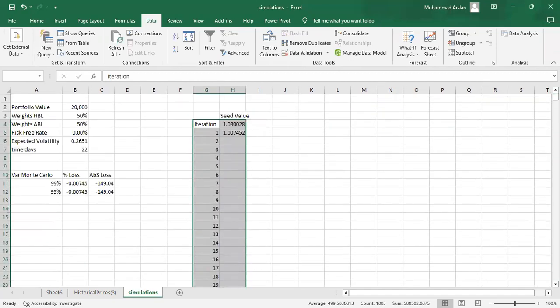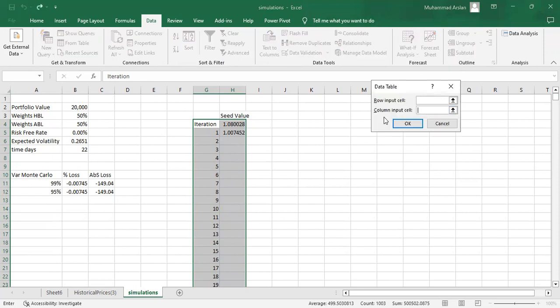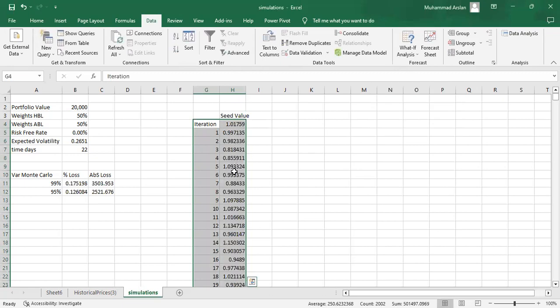Usually, for better performance, the more you increase the number of iterations, the more accuracy increases. Again we go to What-If Analysis, then Data Table, and in the column input cell we add each, and okay, you have seen the iterations. It generated the random numbers using the background information available.